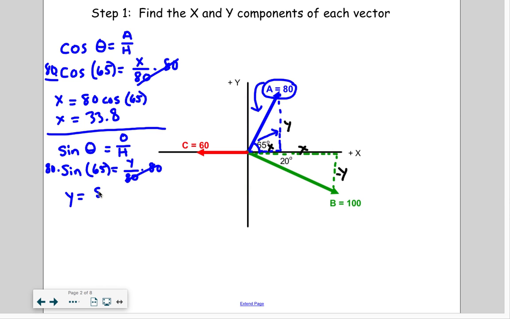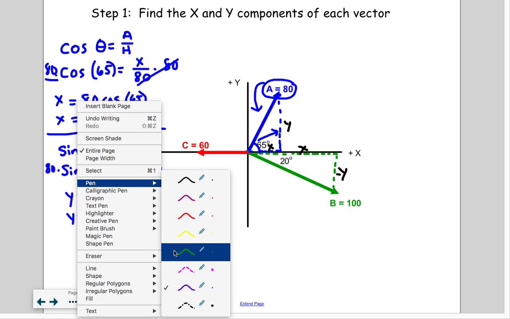So y equals 80 sine of 65. I'm going to store that as my letter B. The first one I stored as letter A. And it comes out to 72.5. So we have both the x and y components of the blue.